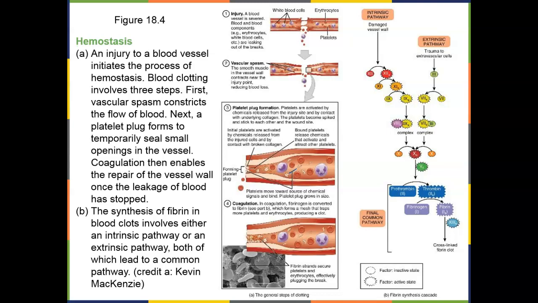Then you have platelet plug formation, and then finally you have coagulation. So here it shows 4 steps because you have to have an injury, but that's not really a step of the hemostatic mechanism. That's something that happened that brought our body out of homeostasis. So from here down is actually the hemostasis process, okay?